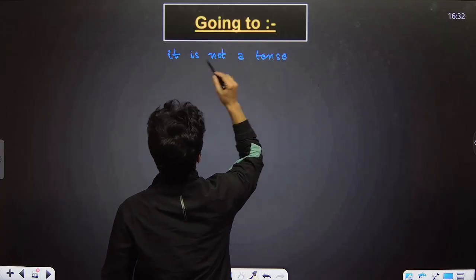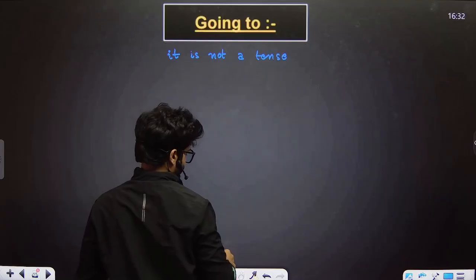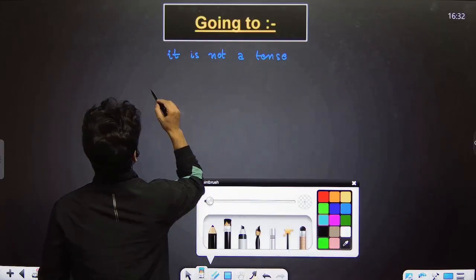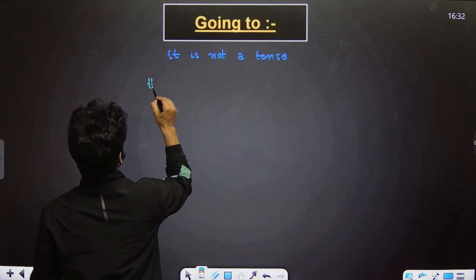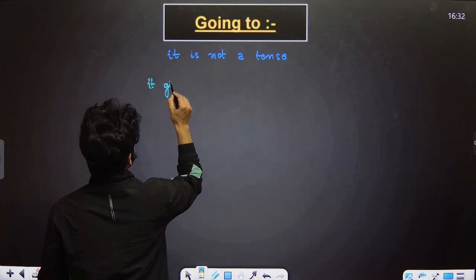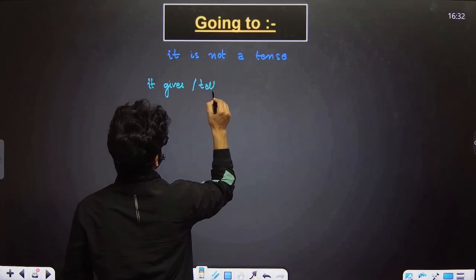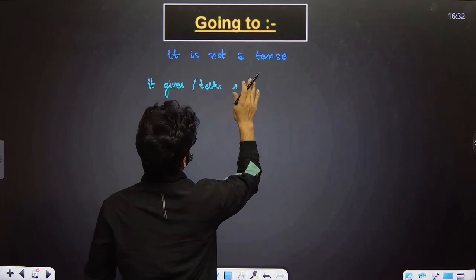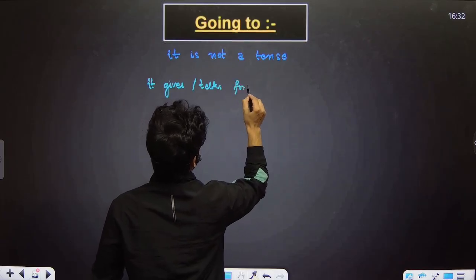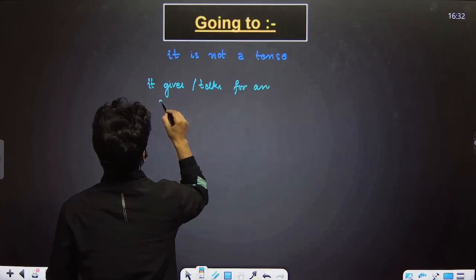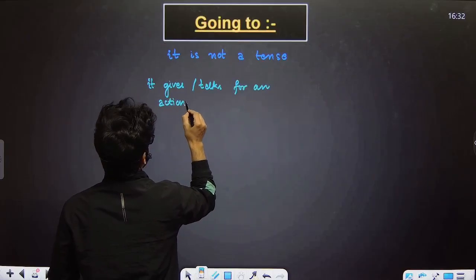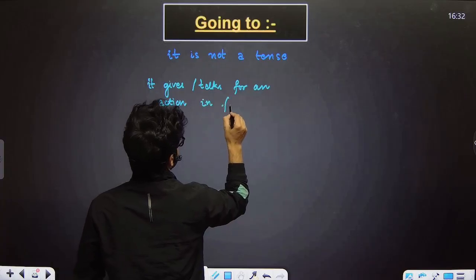Rather, it just talks about an action in future.